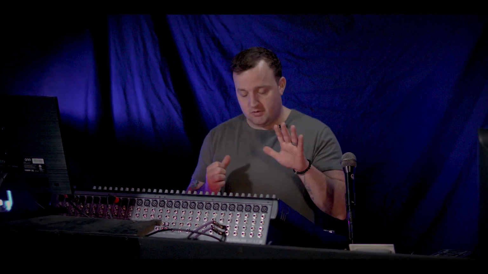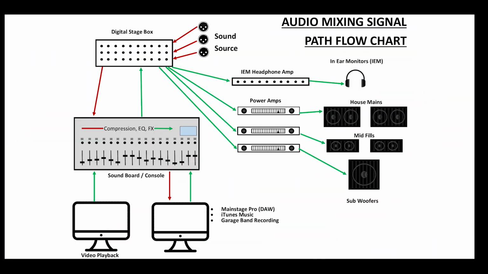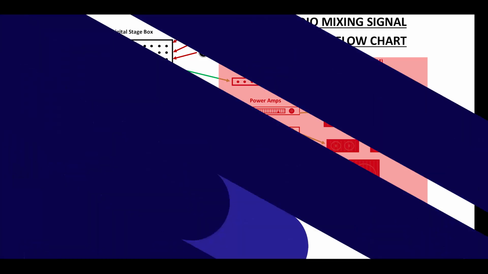As a soundboard operator, your job is to control the sound being produced. Understanding a flow chart can be very advantageous, and it too can seem really confusing, but relax, it will all make much more sense later on. Overall, the sound travels from the stage, where it's produced, to the soundboard, where it is treated or mixed, and then finally to its various final destinations.